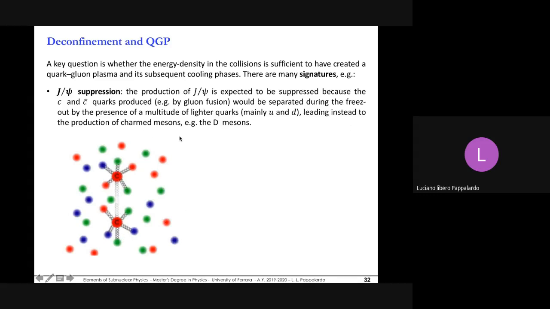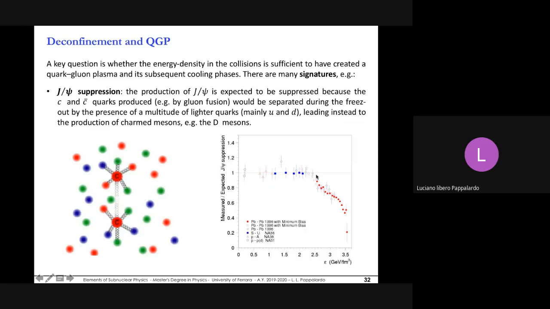Leading at the end to the production of charmed mesons. So the two c c-bar that are produced in the gluon fusion get separated, and it is very unlikely that they can recombine to form a J/psi. It is more likely that they combine with a light quark to form, for instance, a D meson. Okay, and this is also observed experimentally.